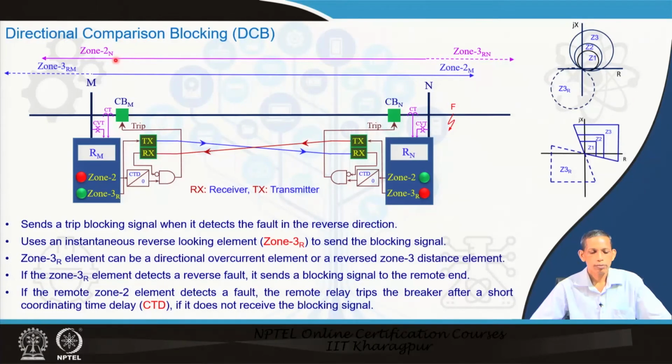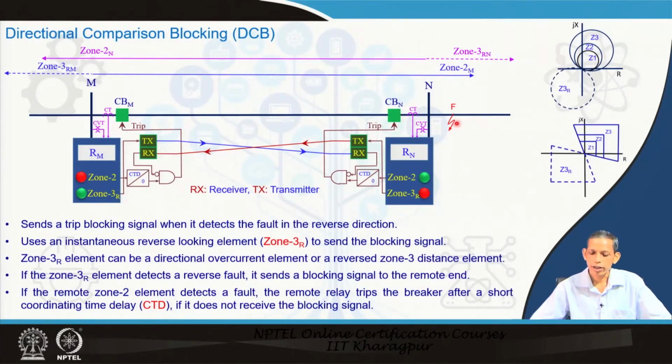In this blocking signal scheme, at this bus we have a reverse looking zone 3. It sees the side from bus M, where the line to be protected is bus M to N. Here also there is a reverse looking zone 3, the 3R at N, where R stands for reverse looking to this side.